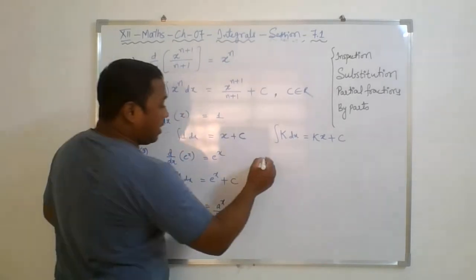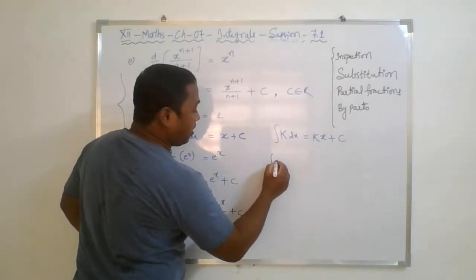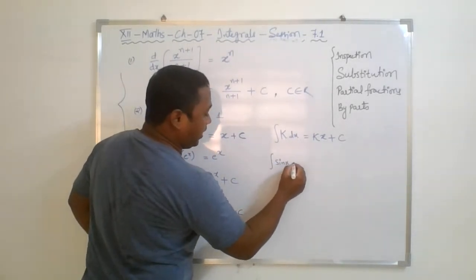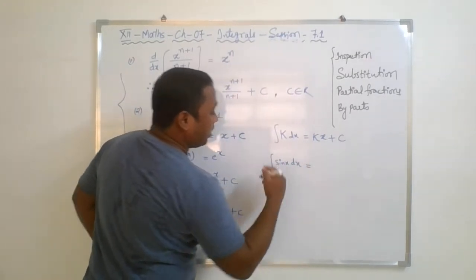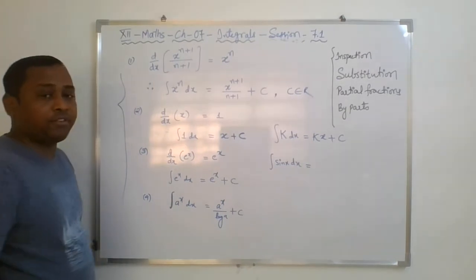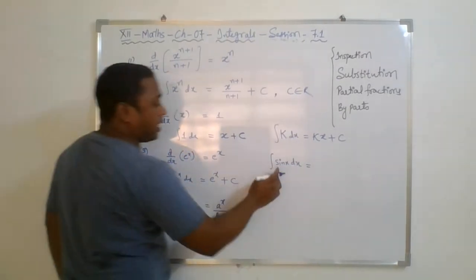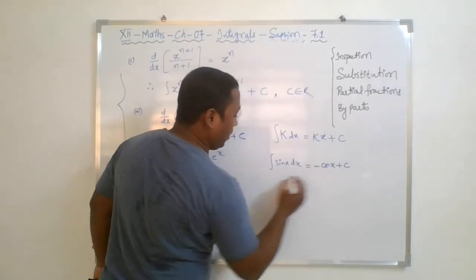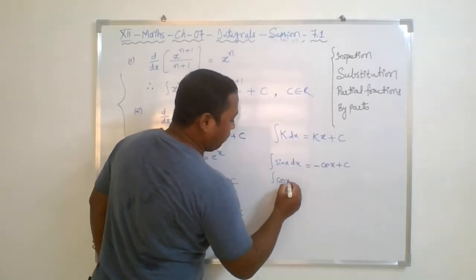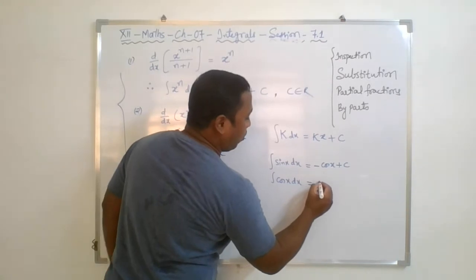In a similar manner, the integration of sin x dx will be what? Just as you say the differentiation of cos x is minus sin x, the integration of sin x is minus cos x plus c, and the integration of cos x will be what?